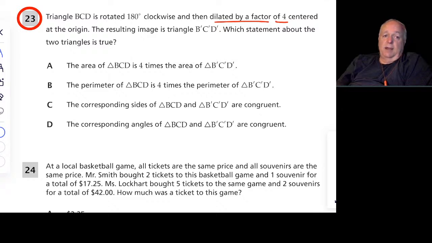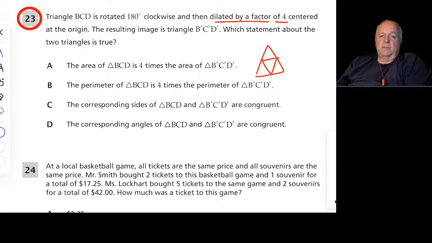The area of BCD is 4 times the area of B prime, C prime, D prime. Well, if we have a triangle, even without rotating it, and we make it 4 times as big, do we end up with something like that? Is that what it's trying to say?